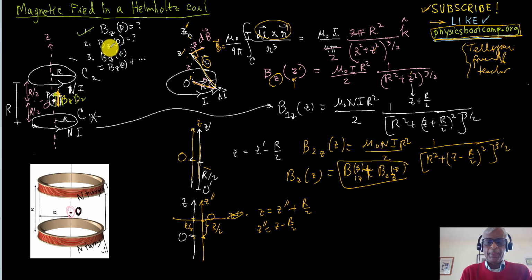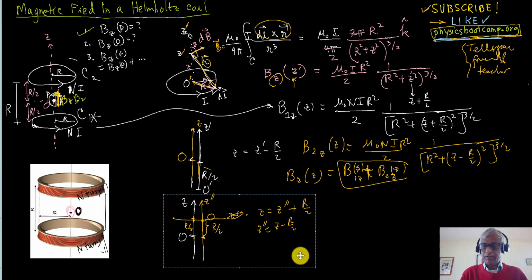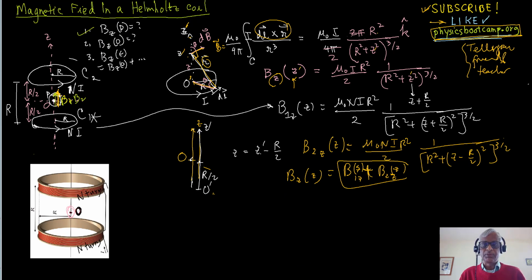For 2, at the origin, we'll just set the z equal to 0, right? So for number 2, we already answered number 1, and for number 2 we set z equal to 0, so right at the center between the two loops. So if we set z equal to 0, then this and this become the same.